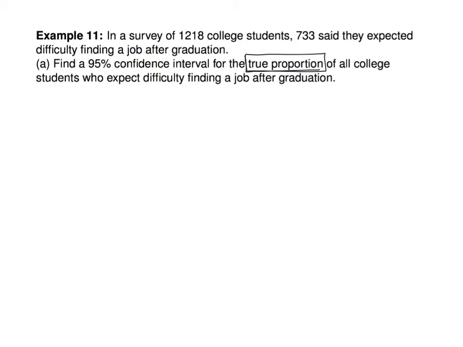Okay, so the first thing you have to remember is that proportion means you're working with z-star multipliers. Means, you work with t-stars. Okay, so first you have to find your sample proportion. Well, your sample proportion was 733 out of 1,218, which comes out to be 0.602.